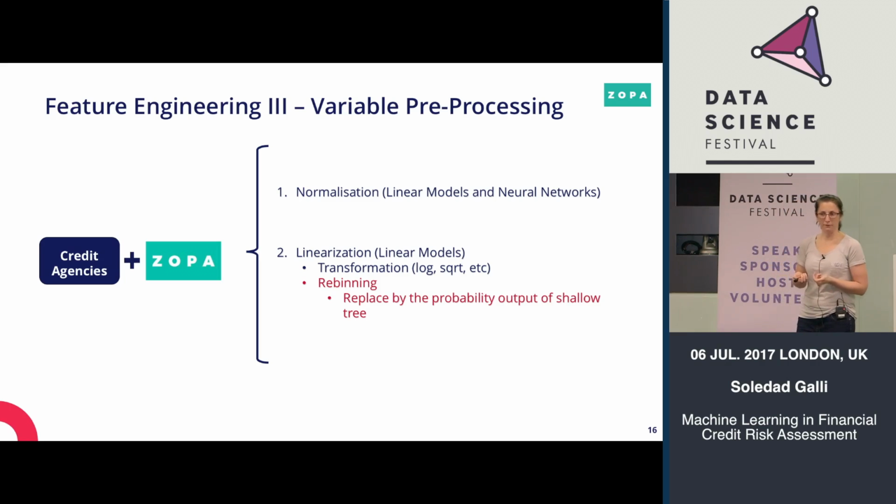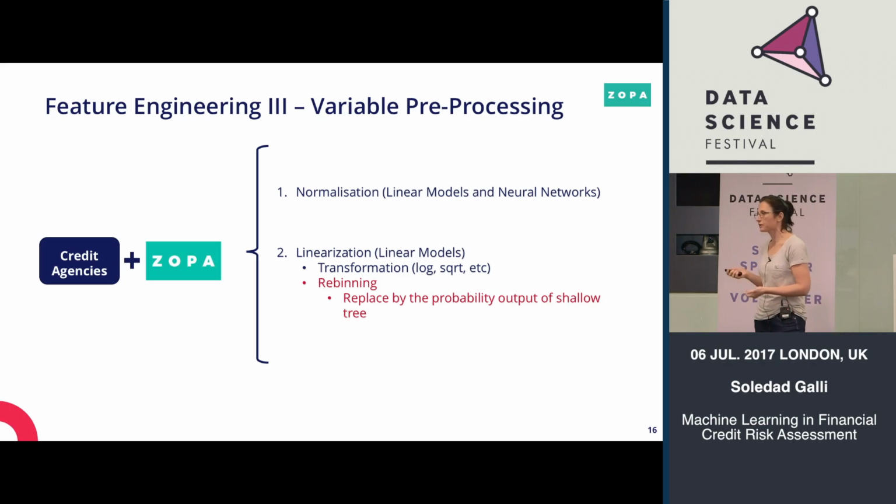That is one of the processes of normalization. This is important for linear models, but it's also important for neural networks. And linear models assume a linear relationship between your variable and your target. In real life, most of your variables are not linearly related to your target.